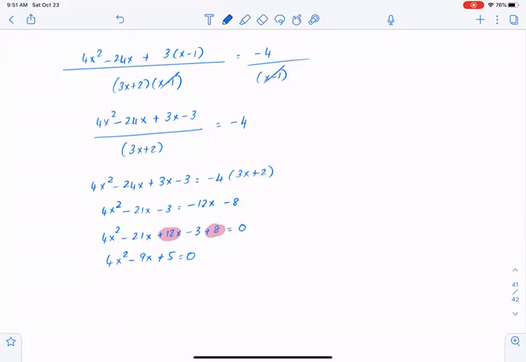And we want to know if 4x squared minus 9x plus 5 equals 0 can be factored. It certainly can be factored. It can be factored as 4x minus 1 multiplied by x plus 5, or is it minus 5? It has to be minus 5.